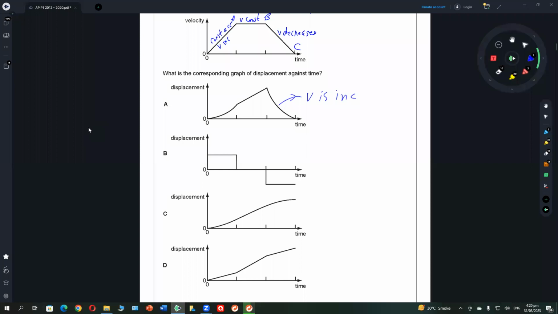No, sorry, velocity is decreasing. Its gradient is getting flat. Velocity is negative. That's a problem. Gradient is negative, but in our case, throughout the motion, velocity is positive. For the whole motion, velocity is positive.